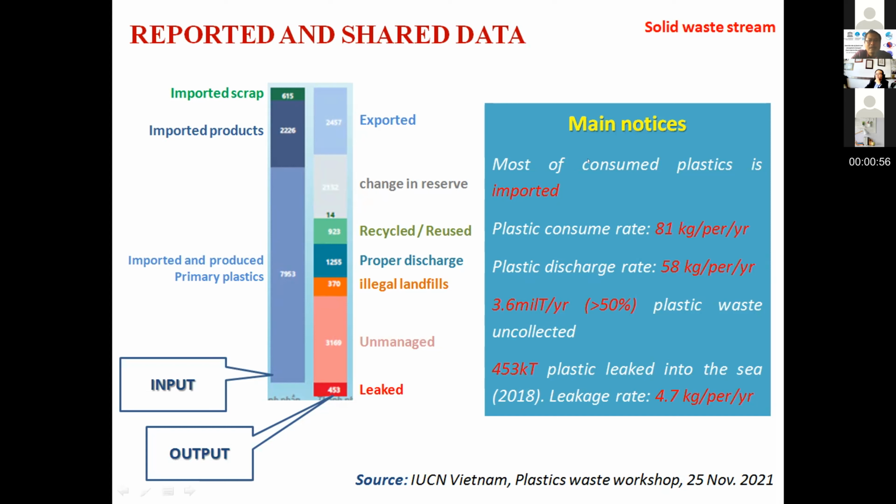We notice that most of the consumed plastics is not produced by Vietnam. We just import it, and the consumption rate is 80 kilograms per person per year, and the discharge rate is 58 kilograms per person per year.